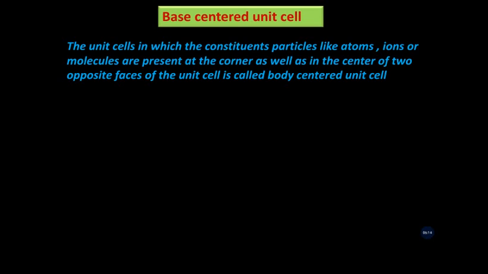The unit cell in which the constituent particles like atoms, ions or molecules are present at the corner as well as in the center of 2 opposite faces of the unit cell is called a base-centered unit cell.